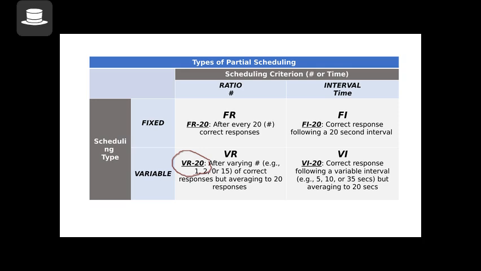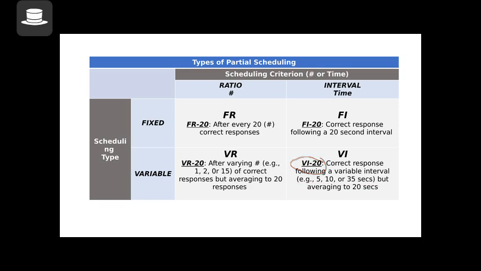A variable interval scheduling, on the other hand, would be reinforcing a response following an interval of varying amount of time. For example, in VI20, reinforcement occurs to a correct response after varying intervals of no reinforcement.